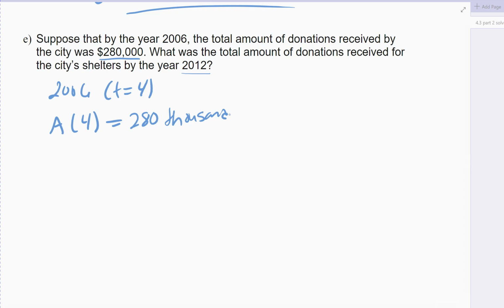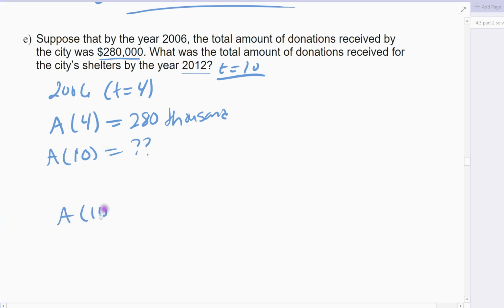What we want to find is the number of donations in 2012, which would be year 10. And so that's what we want to figure out. So this is an initial value problem. All right, I've been given an initial value. I also have given the graph of the derivative, and I want to figure out the total amount at 10.